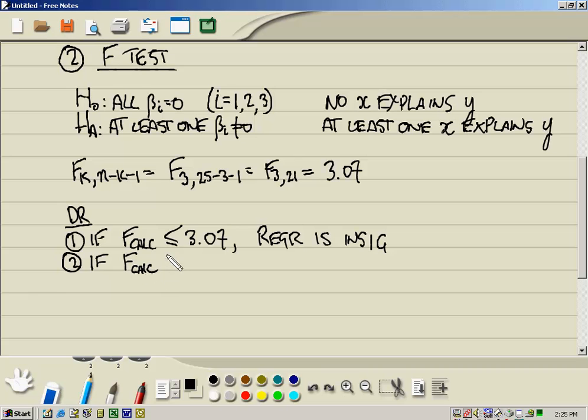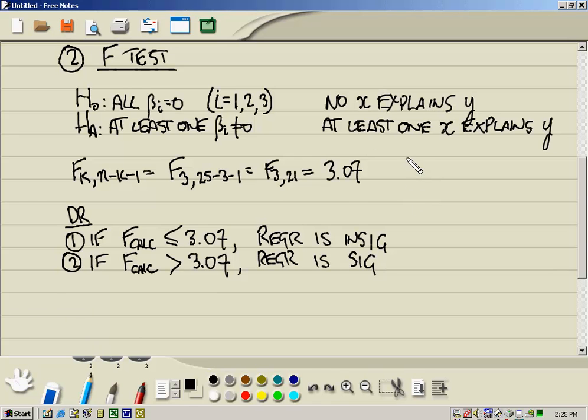If F-calc is greater than 3.07, then the regression is significant, and so the explanation provided by the data is better than just what random numbers would provide.